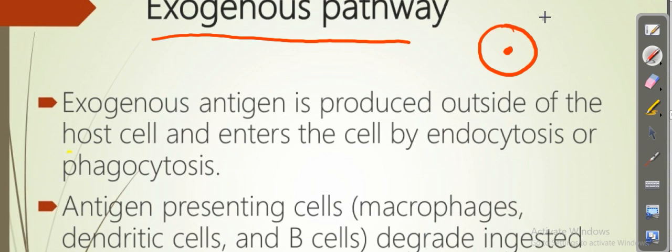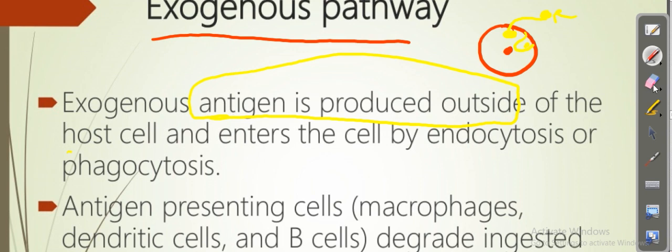It is outside the cell. So an antigen is produced outside of the cell, and it enters the cell by endocytosis or by phagocytosis. This is the exogenous pathway, where the main point is the antigen is produced outside the cell. So keep this in mind.